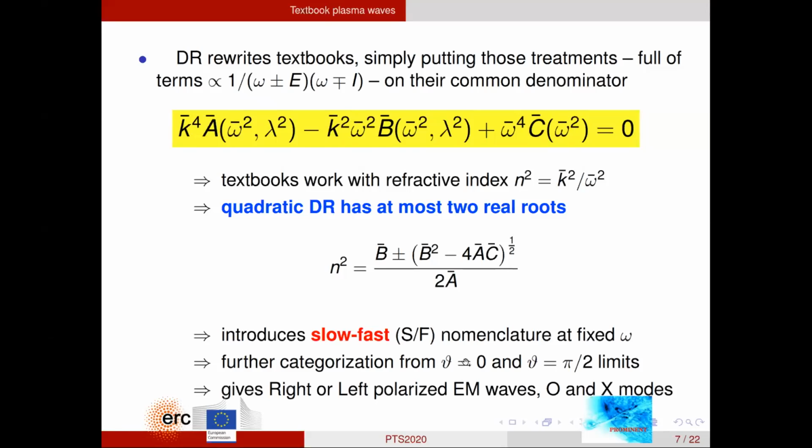They have then another categorization that comes in from the limits parallel to perpendicular. And we have the right or left polarized electromagnetic waves and also O and X modes. That is in a nutshell what you find in a textbook.